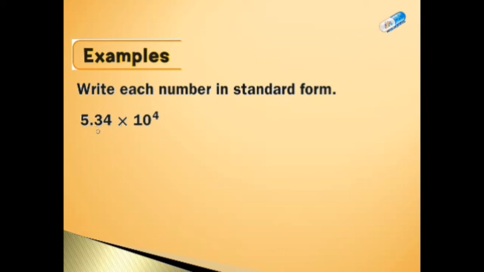But is it 4 places to the left or to the right? We look here at the 4. The 4 is positive. This means that the number will become greater. This means that I will move it to the right. So I will move it 1, 2, 3, and 4. So the decimal point moves 4 places.